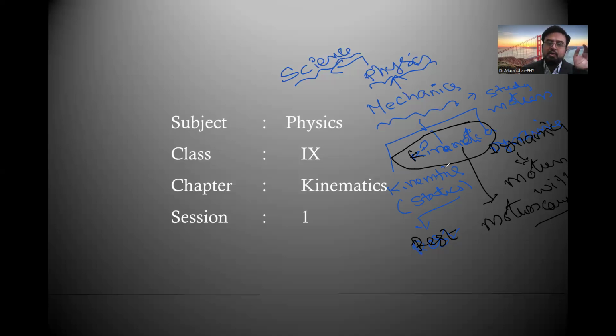We are not even trying to learn why the body is moving. We are worrying only about the motion of the body. What happens when the body is moving? What are the different types of motions you can see in our day-to-day life? And what are the important terms related to motion of a body? All these things come under kinematics.